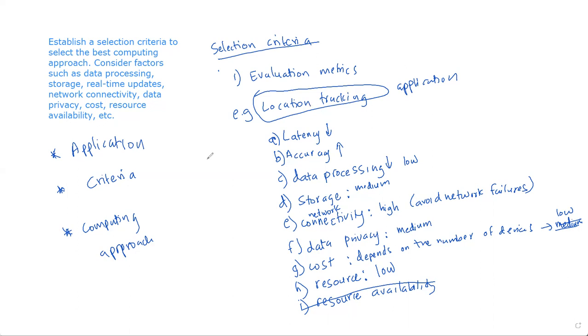And then based on that, you can do the rest of the criteria and then decide on the approach and so on. I'm not going to decide, okay, this is the application you need to consider and you need to do the rest. You can select your own application based on the scenario and then you can decide the criteria.